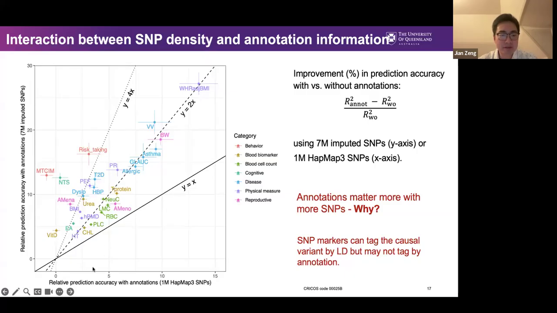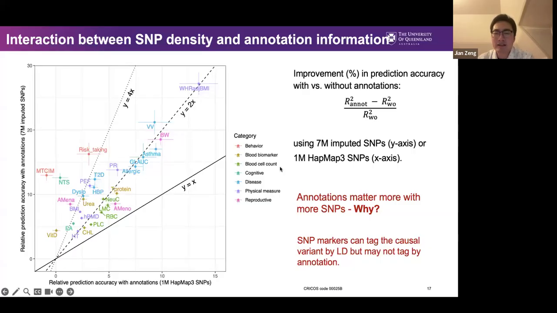The result shown in this plot is the improvement of the prediction accuracy when using annotations at 1 million HapMap3 SNPs, and the y-axis shows the same thing, but at the 7 million imputed SNPs. If the improvement of annotation is independent of the SNP density, we should observe the results on the diagonal line. However, for most of the traits, if not all, that we analyzed, the improvement appears to be higher when we use the high-density SNPs.